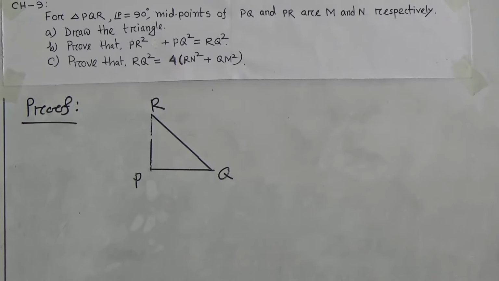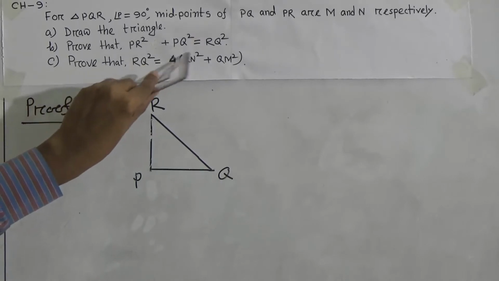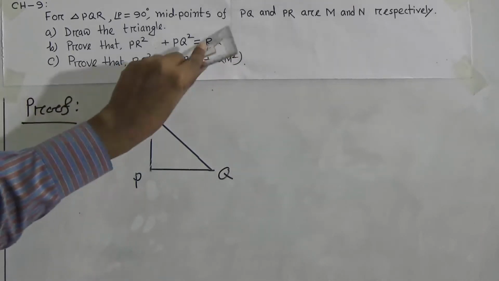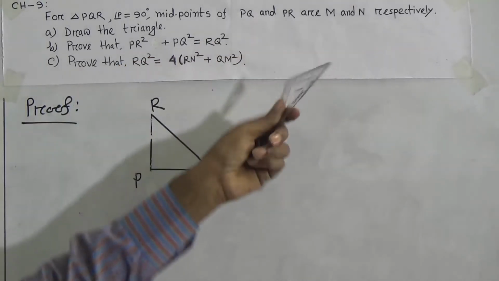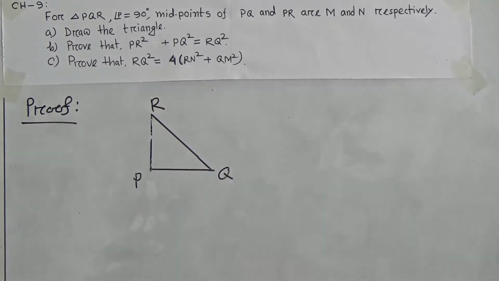Okay, this is the information given, but you see the question properly, prove that PR square plus PQ square equal to RQ square. So to prove this, the midpoints M and N of PQ and PR, no need to consider now. Okay?